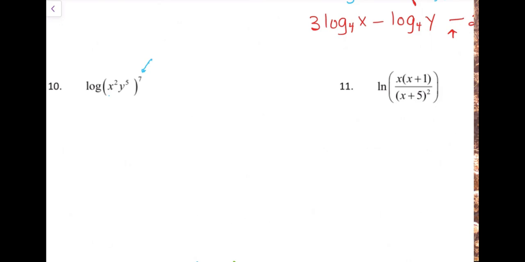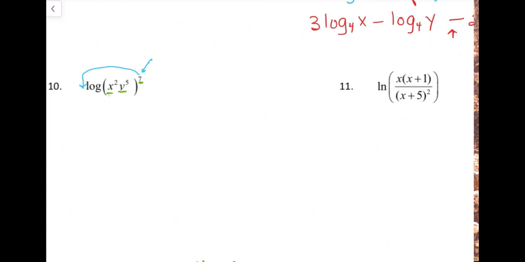If you're focusing primarily on the properties of logarithms, then what you would do is move that power out in front of the logarithm and then go from there. That's the property we've been practicing. Now, the other approach is to actually figure out what this argument looks like if I raise x to the second to the 7th power and y to the 5th to the 7th power and actually create a new looking argument.